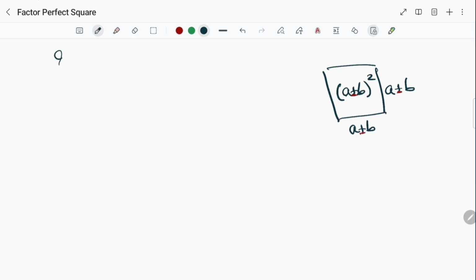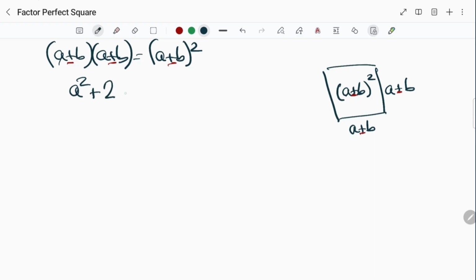When we multiply a plus b by itself, the same thing as a plus b, as if we have a negative sign in both, the answer of this product is this trinomial, which is a to the square plus 2 times the first term a by the second term b plus the second term b to the square, considering that a is the first one, b the second one.